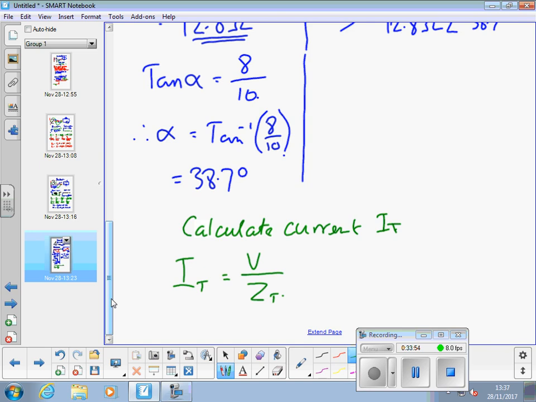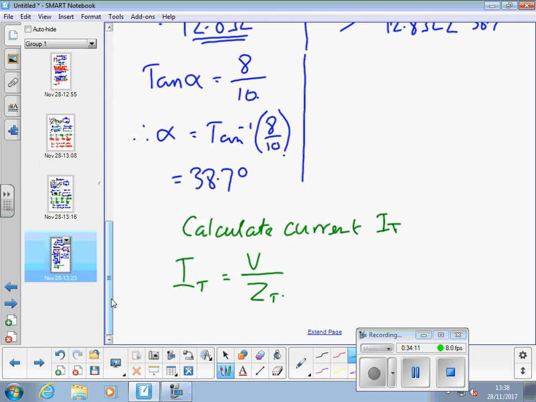Which form of arithmetic are you going to use here? Going to divide. Polar.